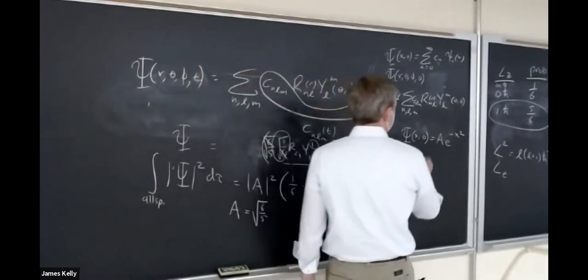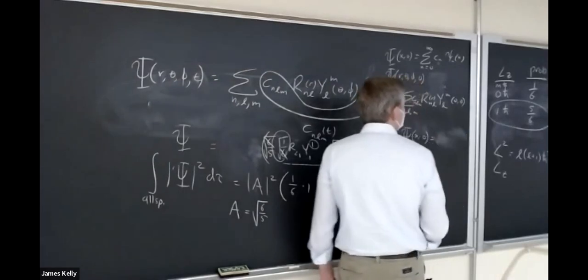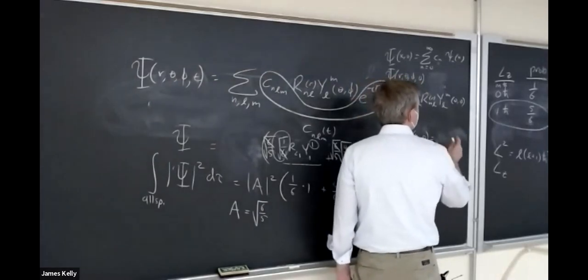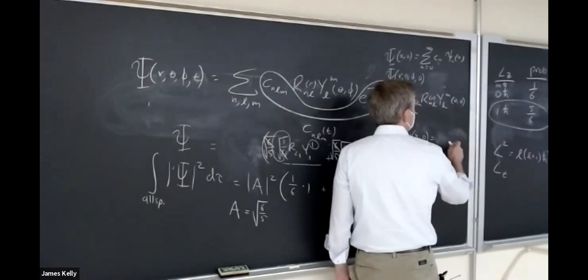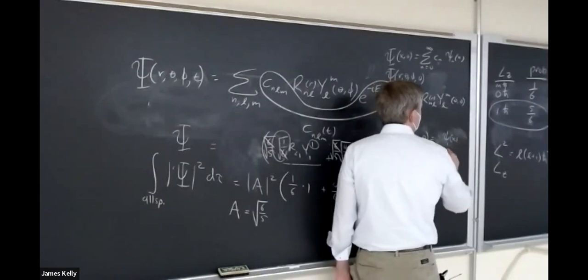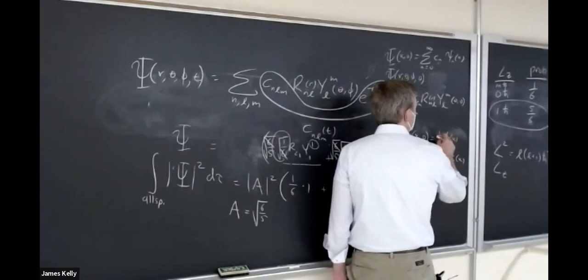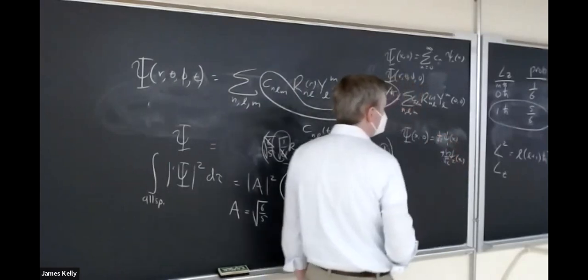This is sort of analogous to saying, well, maybe my psi at time t equals 0 is just a sum of two definite energy eigenfunctions, psi1 of x plus psi2 of x. And if we wanted to normalize it, maybe we could put equal coefficients in front of it to make it normalized, right?